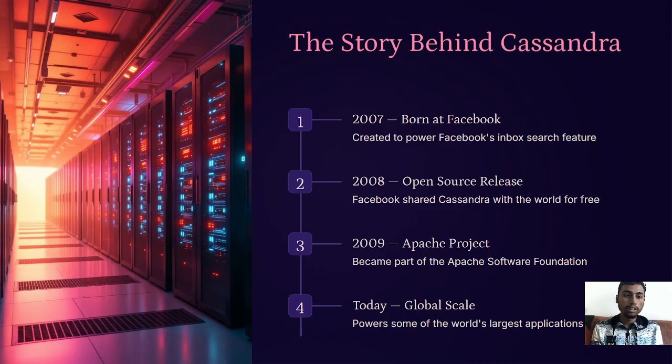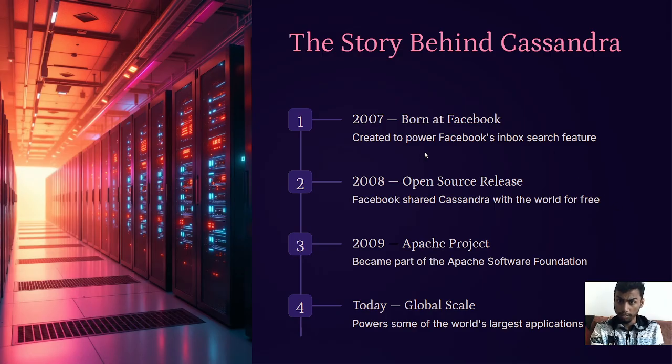If we see any major social media platform like Facebook in its early stages, the data was being generated in a very vast amount. So Facebook came with the idea that we need a stable software so that we can store this vast amount of data in a single place.